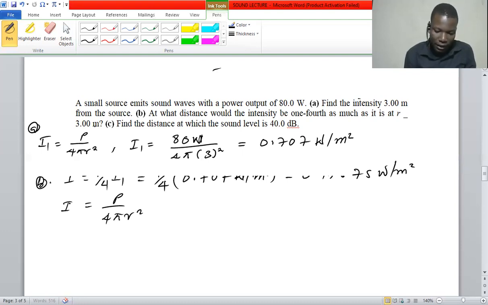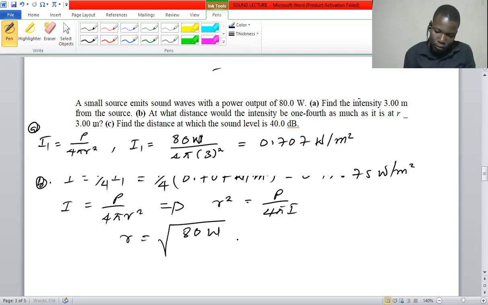We make R the subject of the formula, which gives us R squared being equal to power over 4 pi I. So R is going to be the square root of the power, which is 80 watts, over 4 pi and the intensity that we have just found, which is 0.17675.